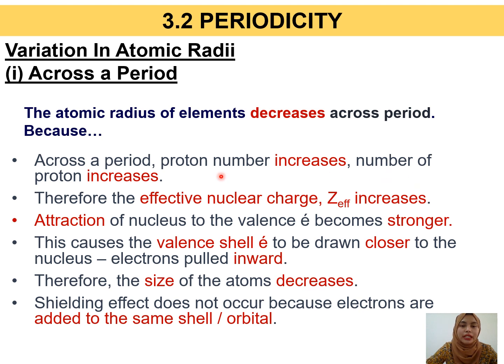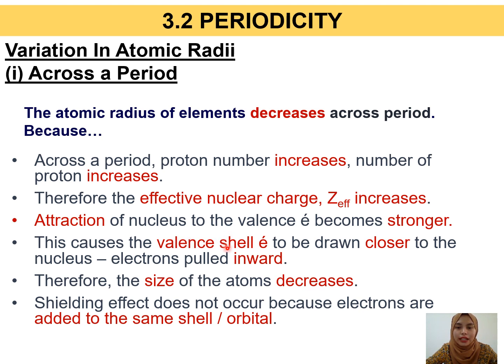When we are talking about effective nuclear charge, we are talking about the attraction between nucleus and the electrons. Therefore, bila ZEF increase, the attraction of nucleus dengan valence electron becomes stronger. So, bila attraction tu become stronger, makanya the valence shell akan tertarik inward.